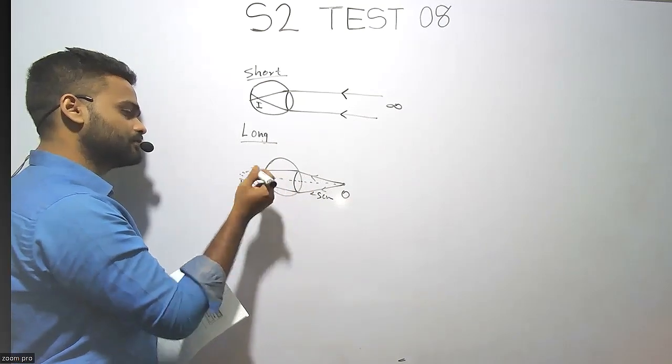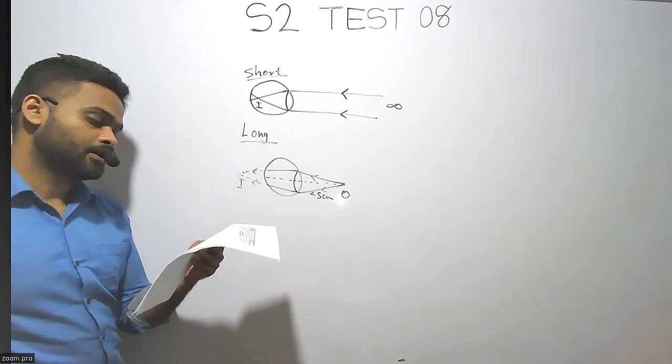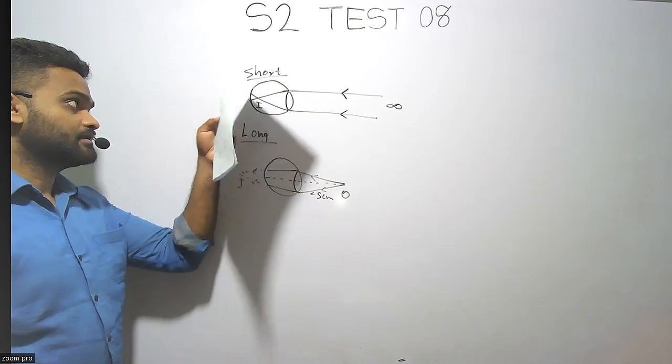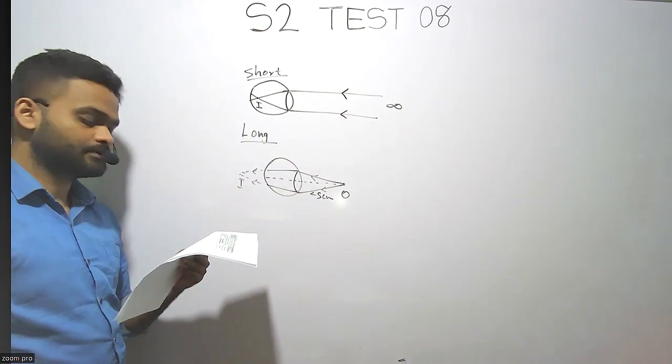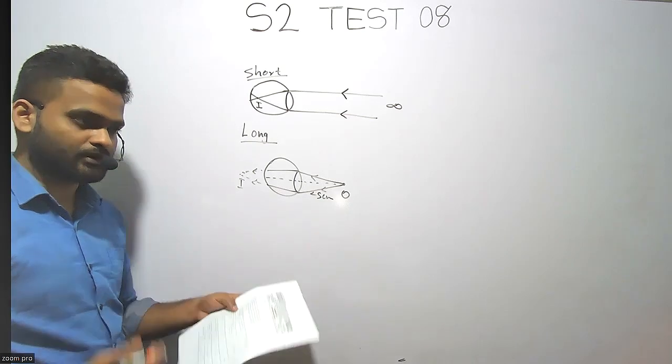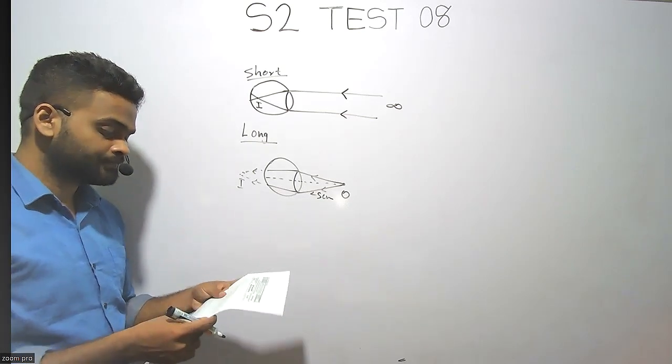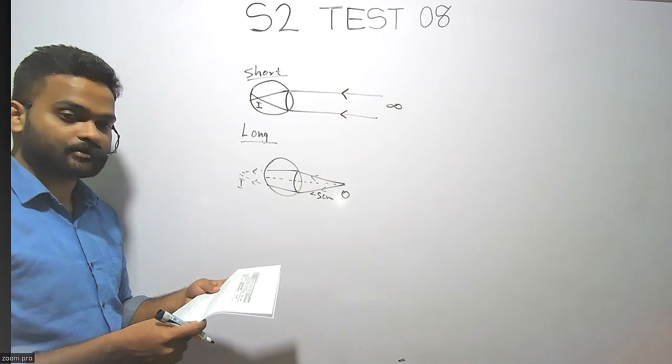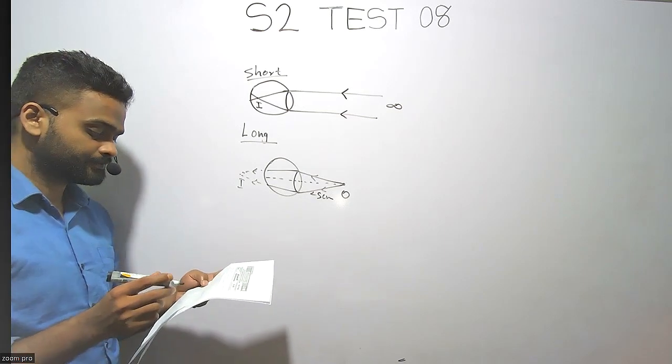Again, it is not focused onto the retina. Okay, so this is long-sightedness, this is short-sightedness. You need to remember how to draw these diagrams, and you have to understand it as well, right? So the answer for the third question should be the first one.